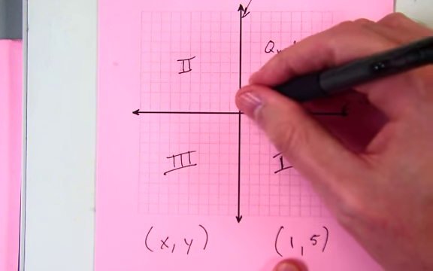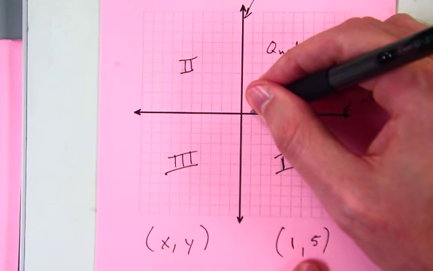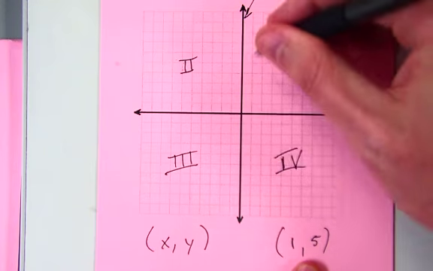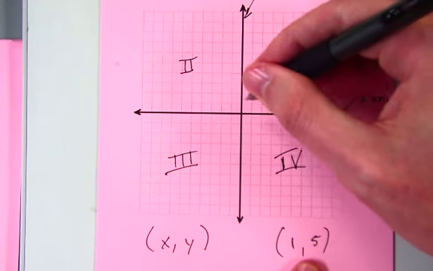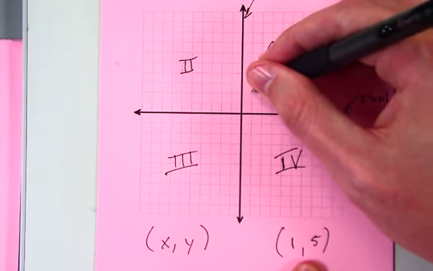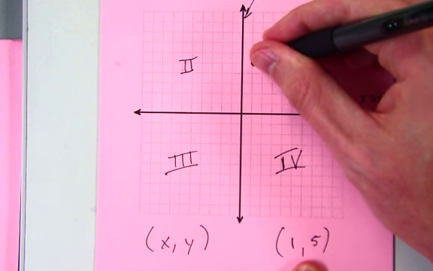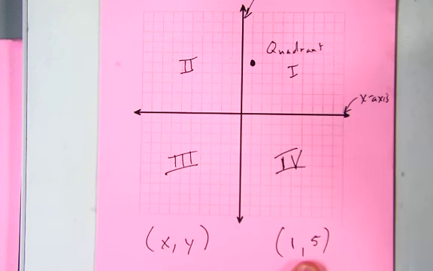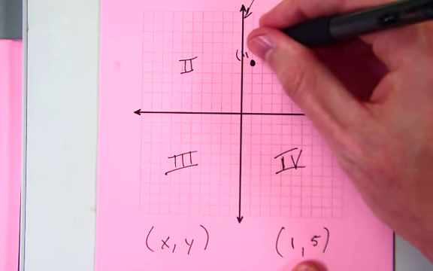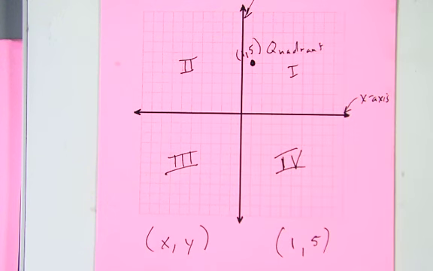My y value is 5. That's how far I'm going to go up or down. If it's positive, I'm going to go up. So 1 to the right, 5 up, and that is where I'm going to mark the point (1, 5) on my rectangular coordinate plane here.